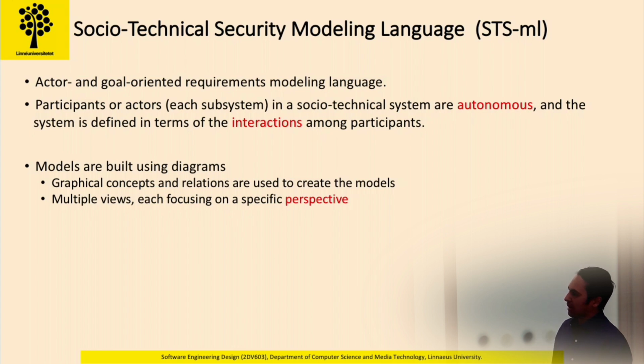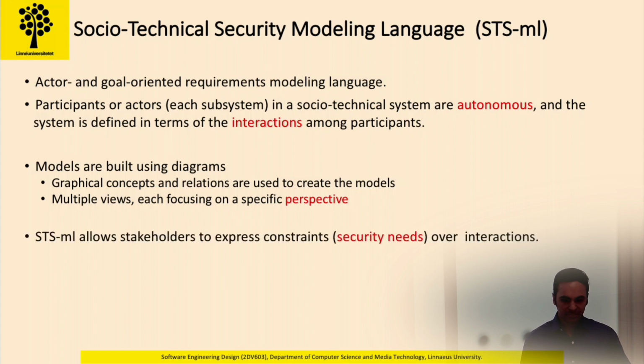Another view can be who is authorized to do what, and whether you are doing something you are not authorized to do. So there can be multiple views or perspectives in this graphic modeling language.